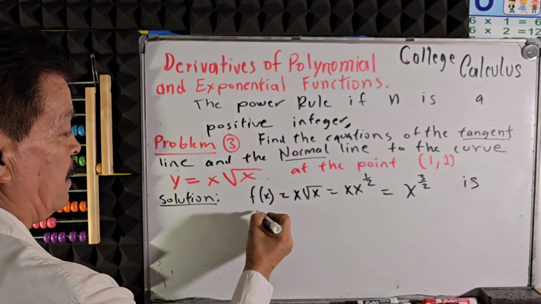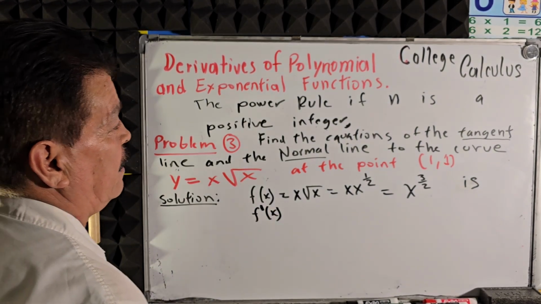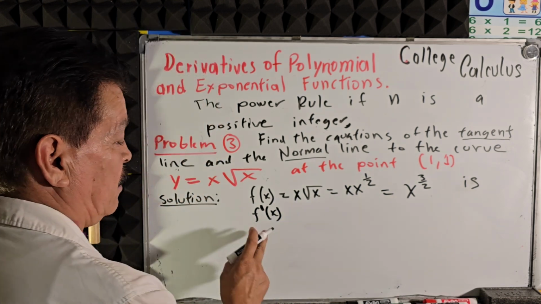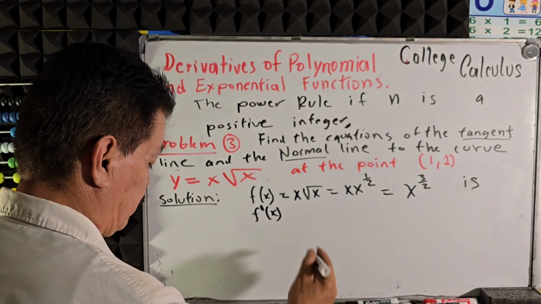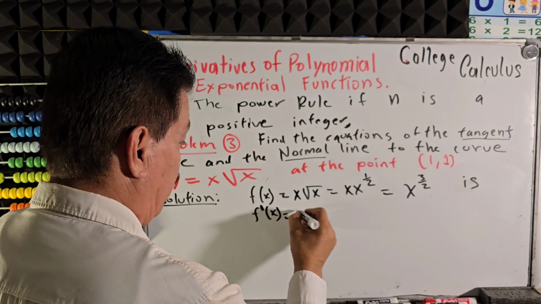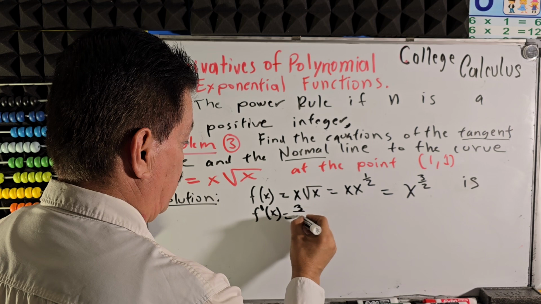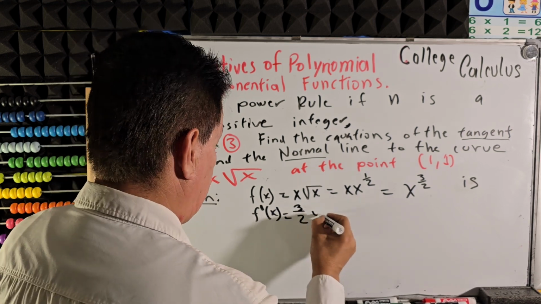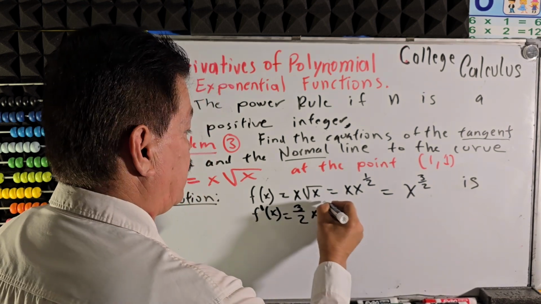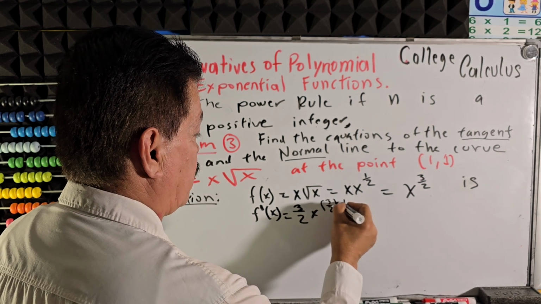Now the prime. Remember, write f prime of x. I mean the derivative here will be equals 3 half x to the exponent 3 half minus 1.